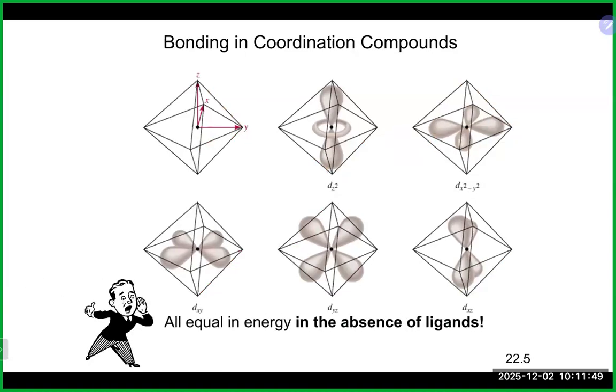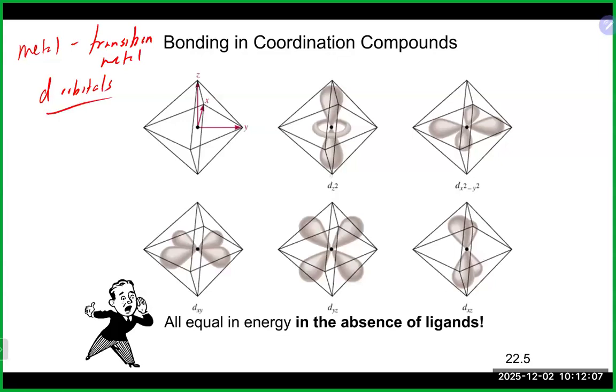Now, what happens in terms of our d electrons? That's typically what we're dealing with when we're talking about complex ions, as the metal is typically a transition metal, and that is where the d orbitals begin.